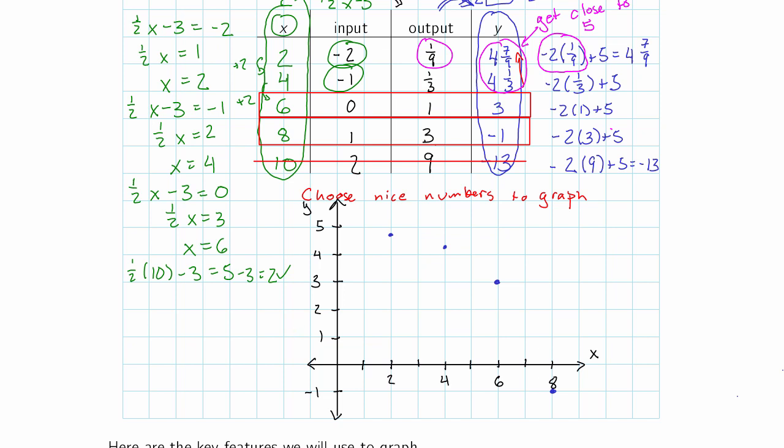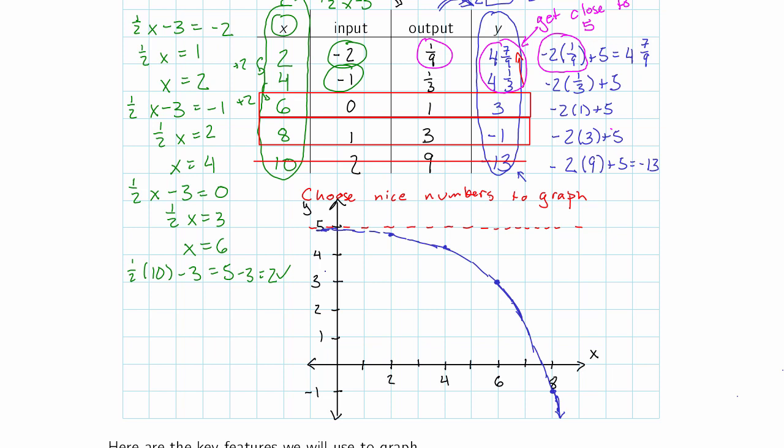I think our horizontal asymptote then, we're going to get close to 5. Our horizontal asymptote is up here at 5. And then our graph gets close to that as we go off to the left. And then we can see even in this row that it's going to rapidly get really big negative as we go off to the right.